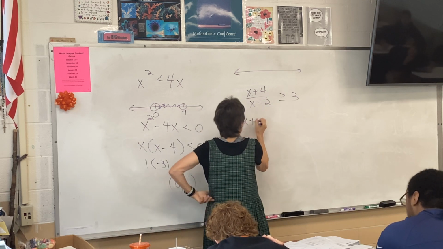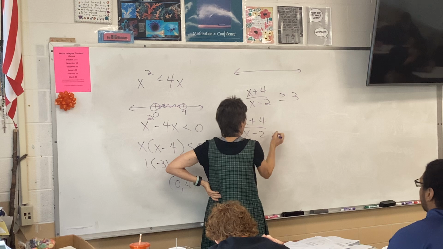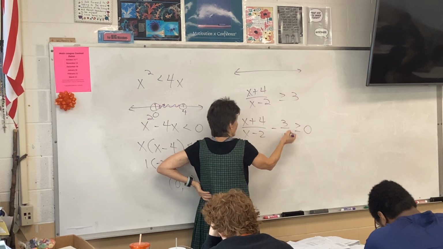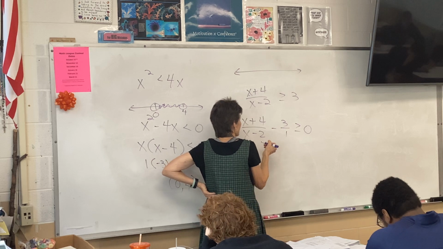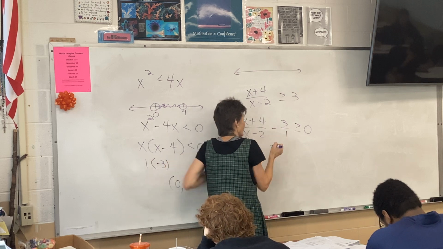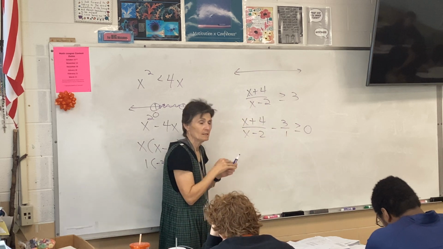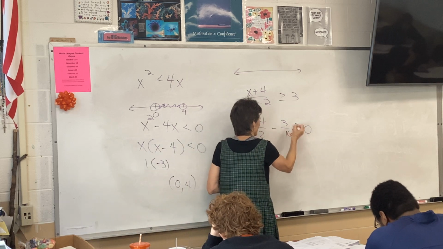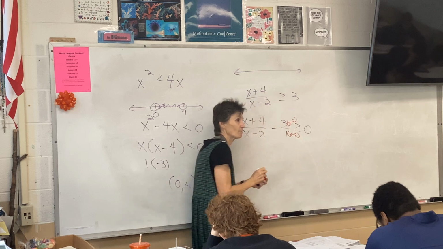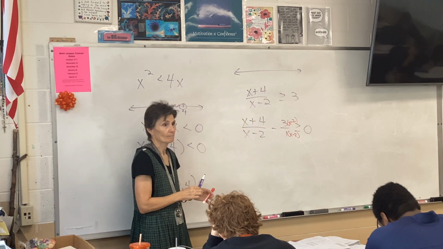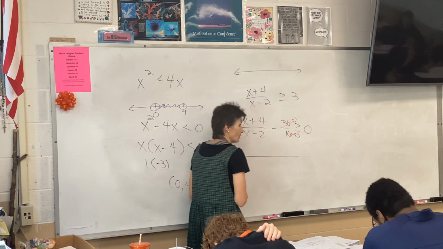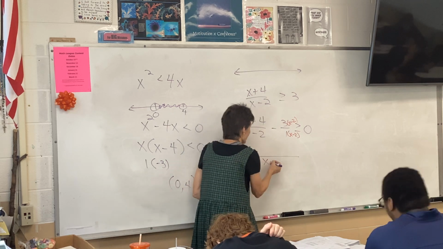This time it's a little harder though, call that 3 over 1, because I can't do anything here until I get a common denominator. So I'm going to multiply this one by x minus 2. Does that make sense to everyone? And now my common denominator will be x minus 2.